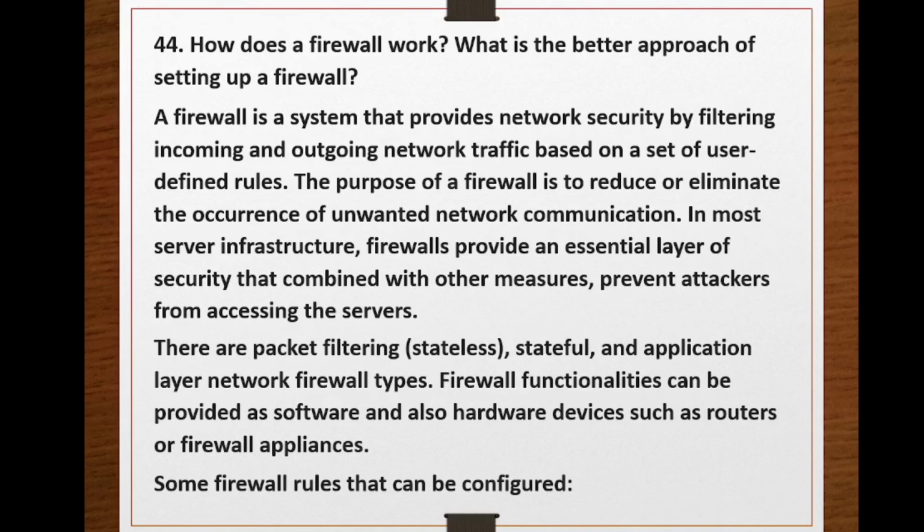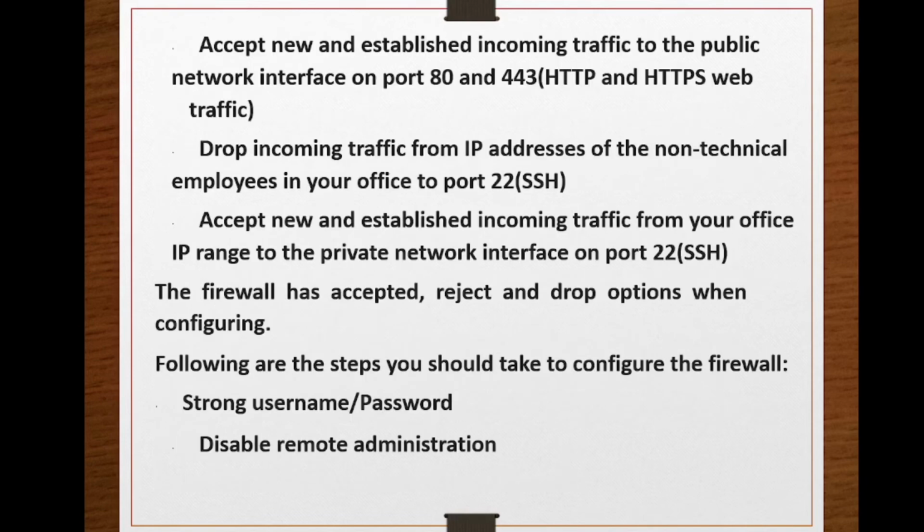In most server infrastructure, firewalls provide an essential layer of security that is combined with other measures to prevent attackers from accessing the server. Its basic functionality is to filter the traffic, whether it's inbound or outbound. Inbound traffic means the traffic coming from outside, and outbound traffic is the traffic going outside of the firewall. Here I have explained some process. You can read it by pausing the video.